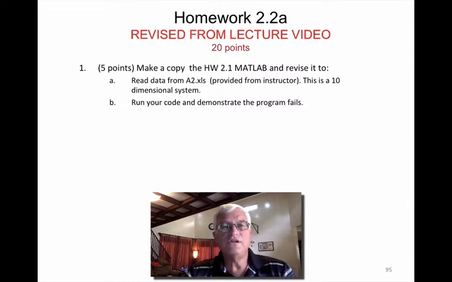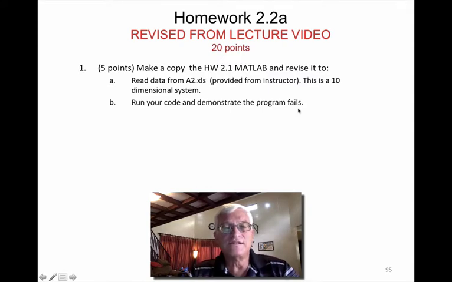The only change you need to do as problem 1 is load the Excel file A2 rather than A. So you should have received by now 3 files, A, A2, and A3. This homework uses A2 only. It's a little bigger data set. It's a 10-dimensional system that we're going to run. And once you've made that change, just run it. And part 1b says run your code and demonstrate that the program fails. Okay, so we're saying, why does that fail?